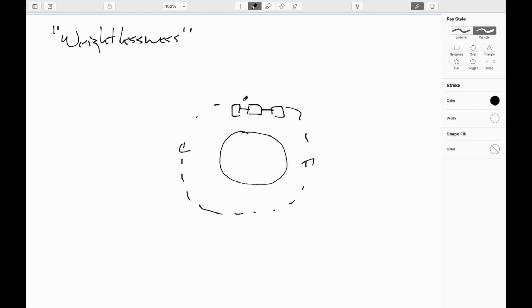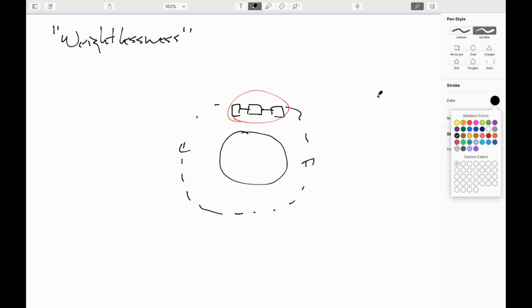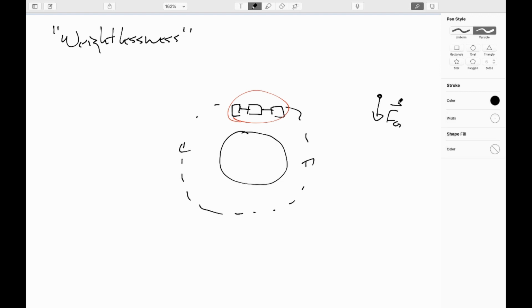What we're going to find is, again, if I do a force identification diagram on my satellite, we see that there are no contact forces. So when I draw a free body diagram for it, what we get is just the force of gravity from the planet acting on the satellite straight down.